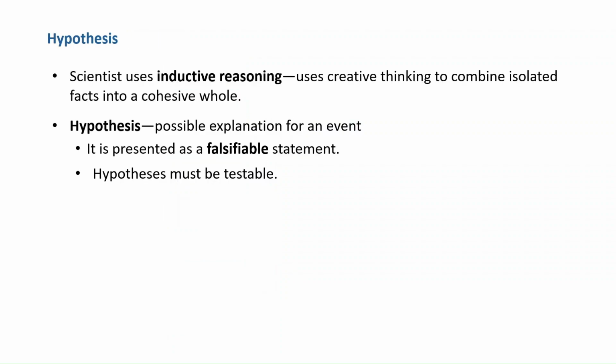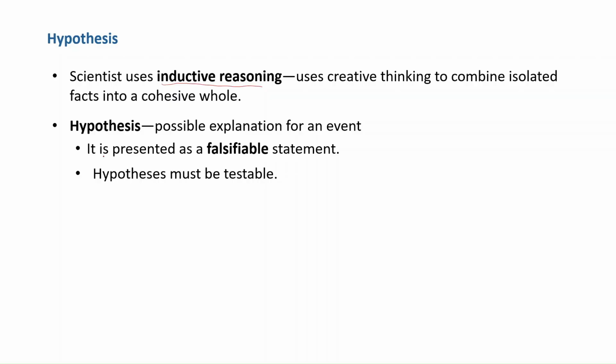So basically, what we're doing is using what we call inductive reasoning. You use your creative thinking to combine isolated facts into a whole. You're trying to say, okay, I came in here, it's dark, I tripped the switch, the light did not come on, I know what the lamp looks like and all of that.